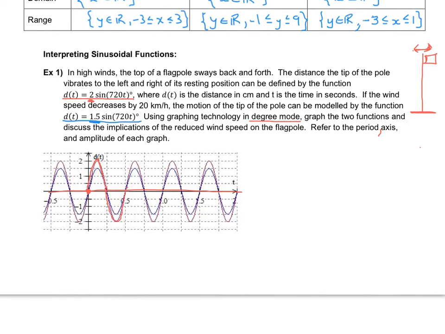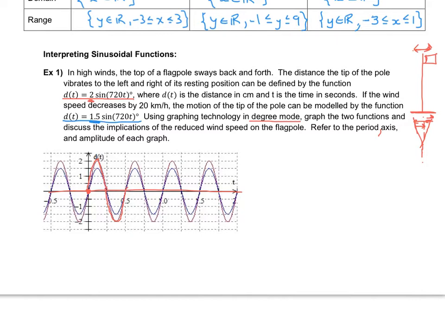So originally, here's your original flagpole. It heads 2 centimeters to the right, comes back to center, goes 2 centimeters to the left, and then back to center again. So that's the flagpole oscillating back and forth in the wind.